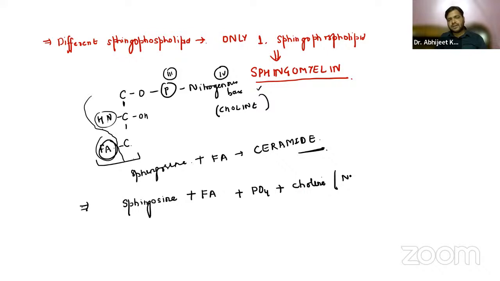Choline is basically a nitrogenous base. Sphingosine plus fatty acid is called ceramide, and you have to remember that. Together it is called a sphingophospholipid.